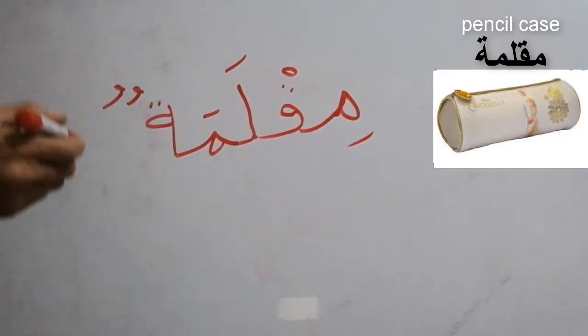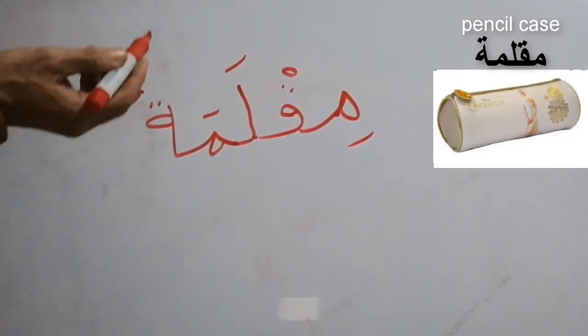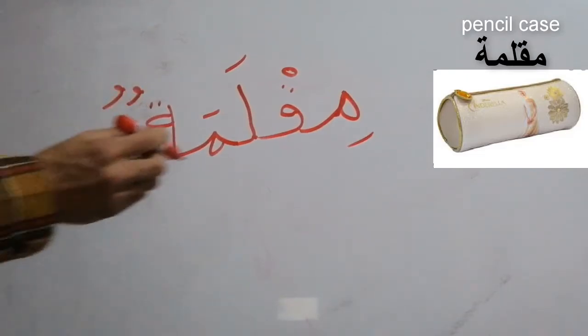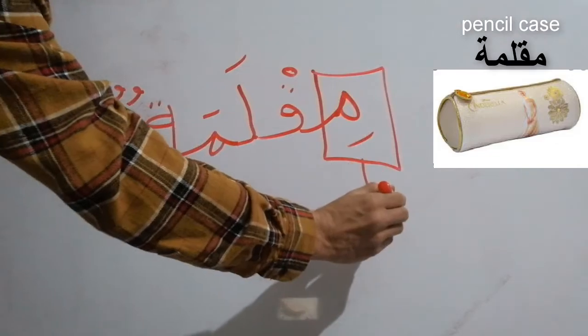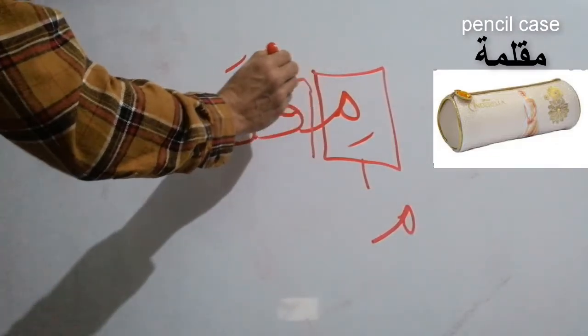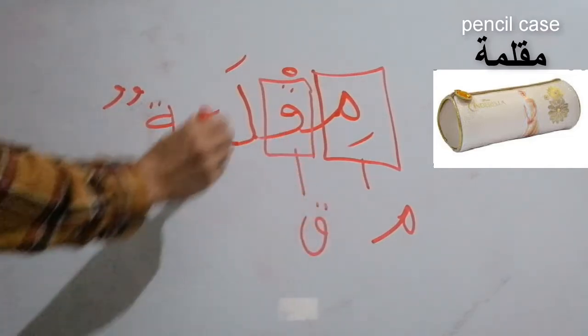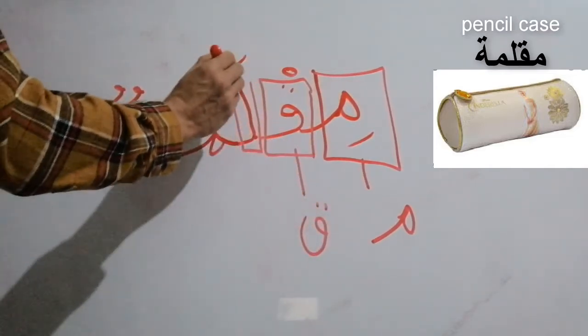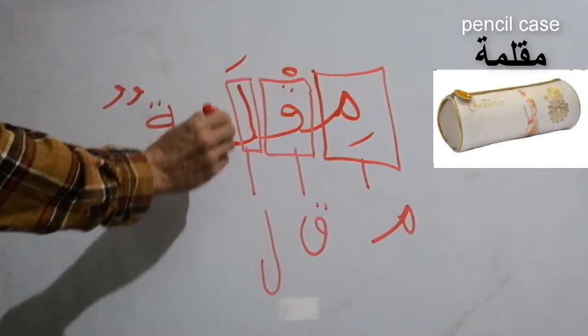Now to understand more about the word, the letters of the word مقلمة. This is ميم. This is قاف. This is لام.